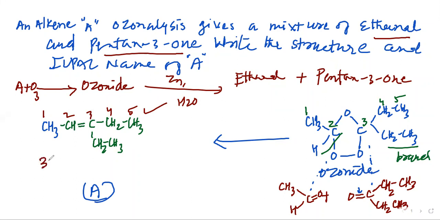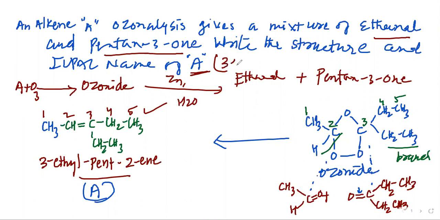So we can write it as 3-ethyl pent-2-ene. This is how we can write the name of the compound. The IUPAC name of A is nothing but 3-ethyl pent-2-ene. So my dear students, it's quite easy for you to understand this problem.